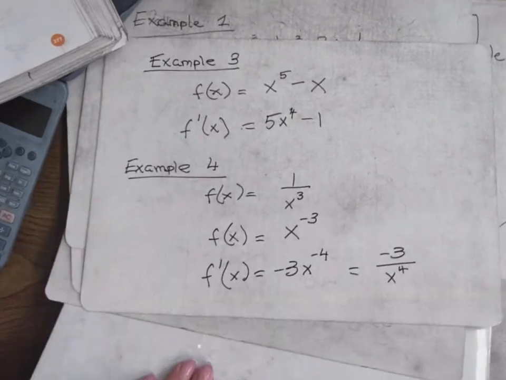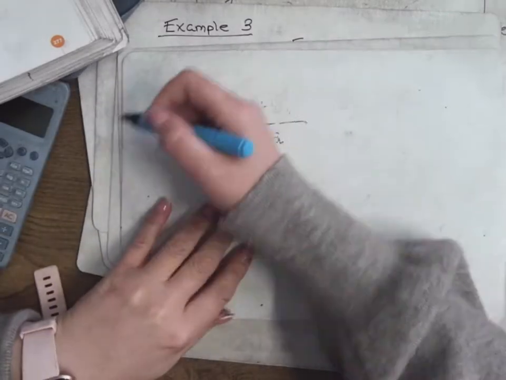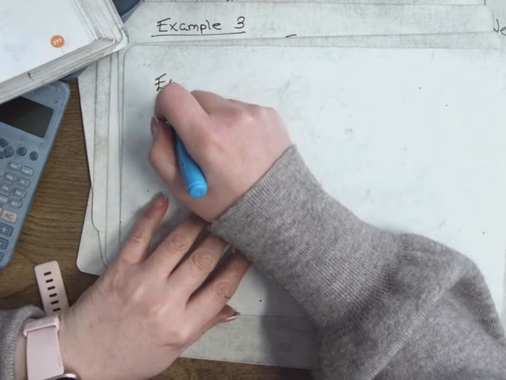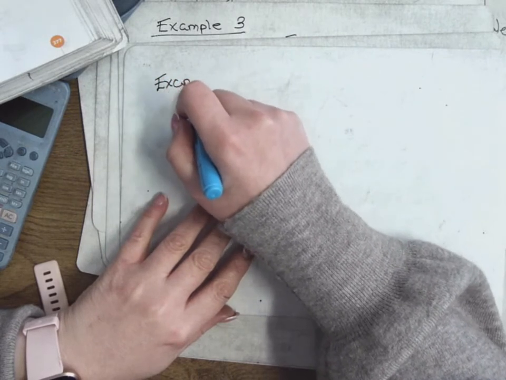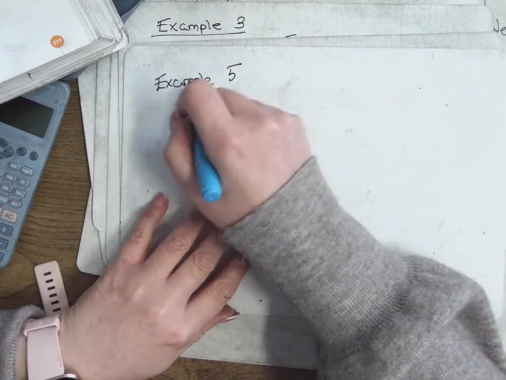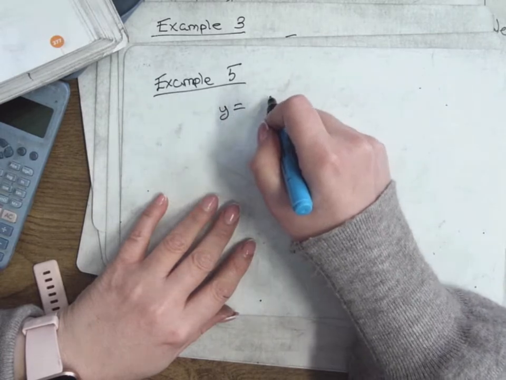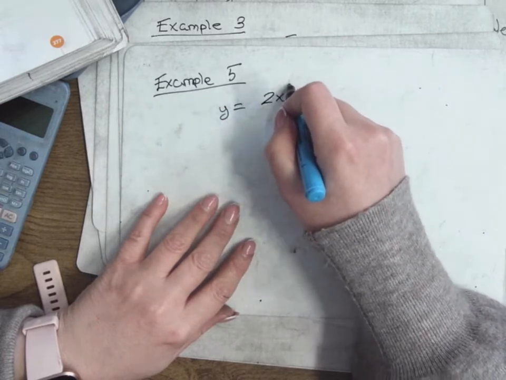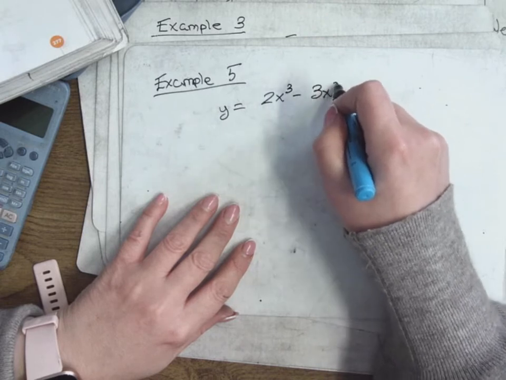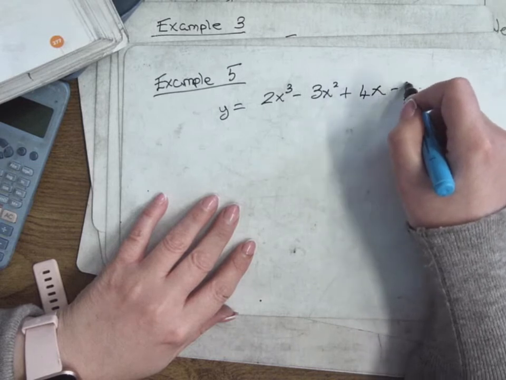Right, okay. Another example, example 5. Going to add in a little extra again. Okay, I'm nearly finished adding in extras, don't worry. So y is equal to 2x cubed minus 3x squared plus 4x minus 5.